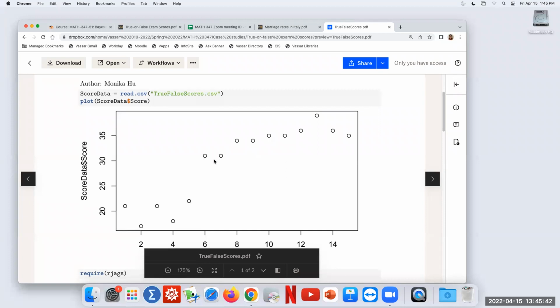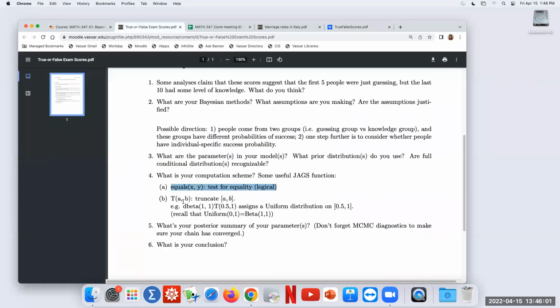Or observations like this too, that are relatively low. They are still higher than the lower group, but they're on the lower end of the higher group. So whether these two observations should really belong to the higher group, or maybe there's a certain possibility that they actually belong to the lower group. That's another strategy that you could consider if you want to set up a model like that.